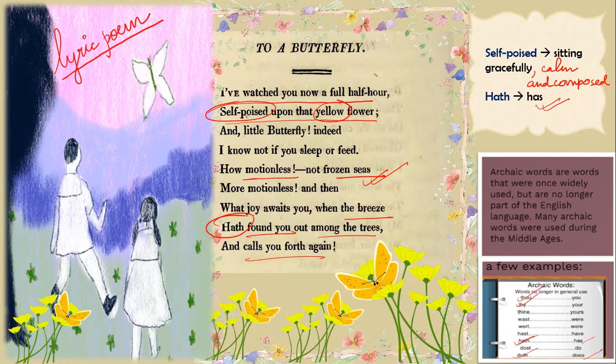So we can understand that the poet is addressing a beautiful butterfly with lots of love, with lots of affection. The poet is amazed at the beauty of the butterfly, and he is also amazed at the perfect stillness of the butterfly.